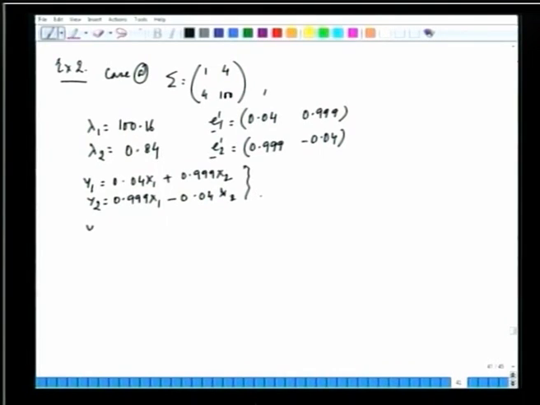So, then y1 explains how much of the total variability? It explains the first eigenvalue lambda 1 divided by the sum of the eigenvalues, which hardly makes any difference, because I have 100.16 and 0.84 added to it, making this 101, and this times 100% is approximately 99% of the total variability.